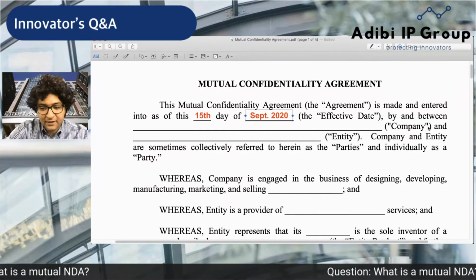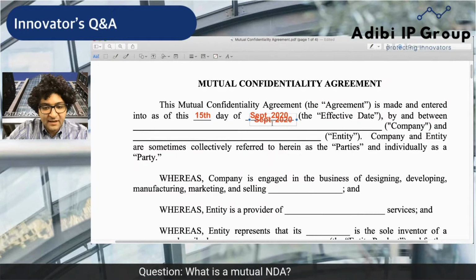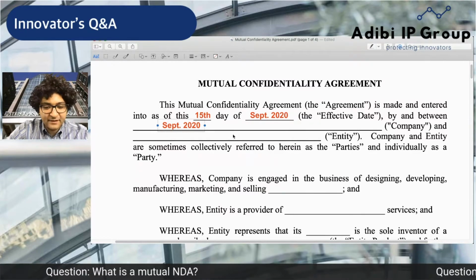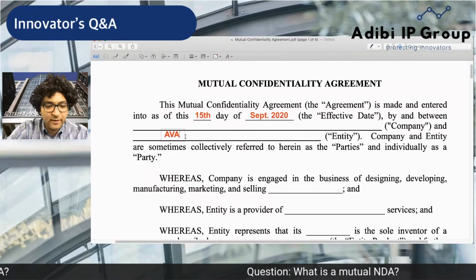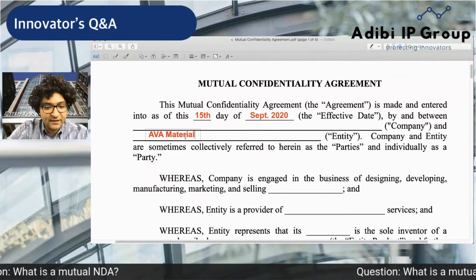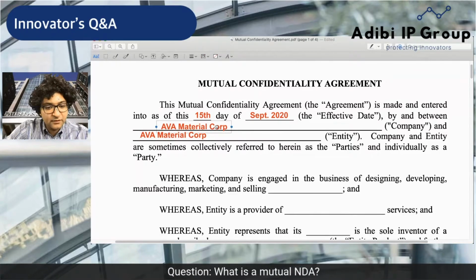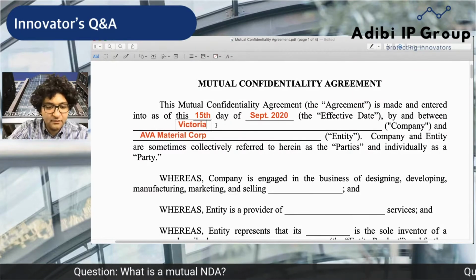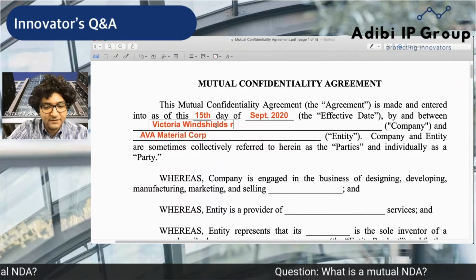So let's say that I have invented a new process. So I'll be the entity. So Amir, so I'll do my initials, okay? I'll do AVA Material Corp, let's just say, okay? And we'll do Victoria Windshields. How about Windshields RS? Awesome.